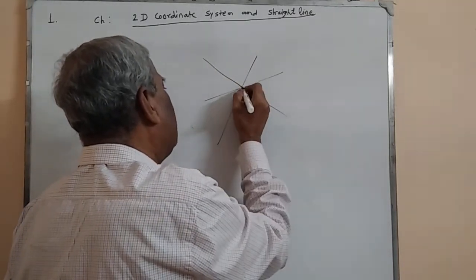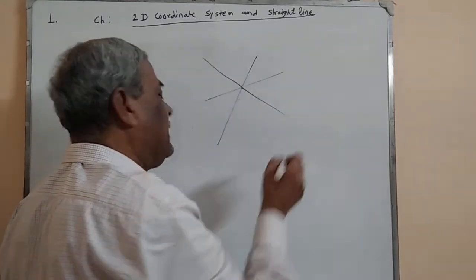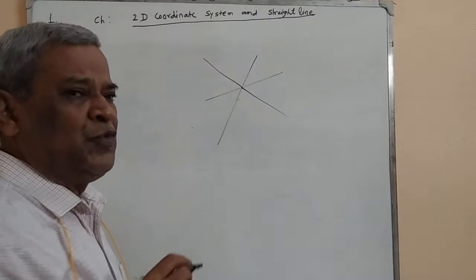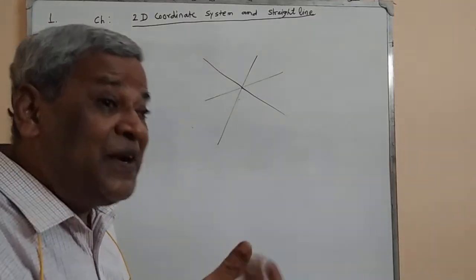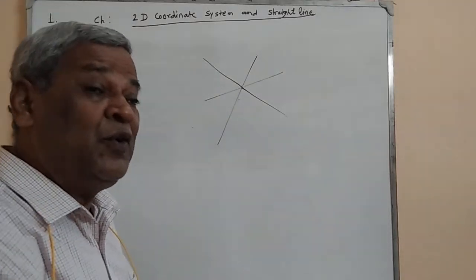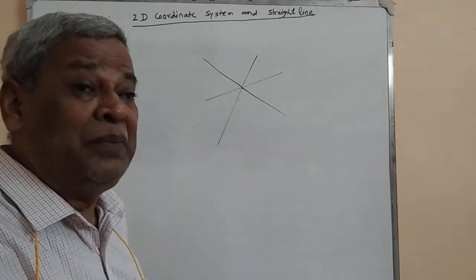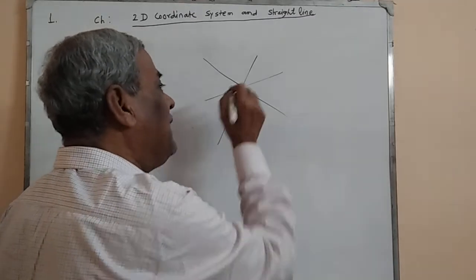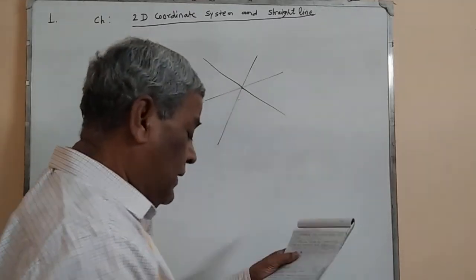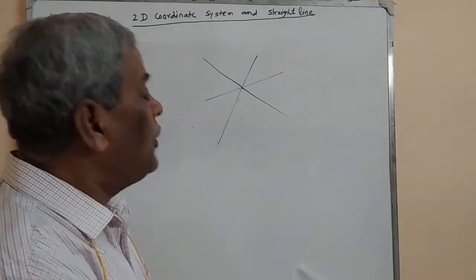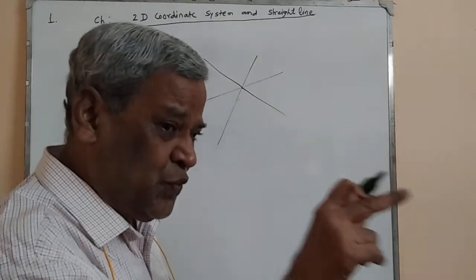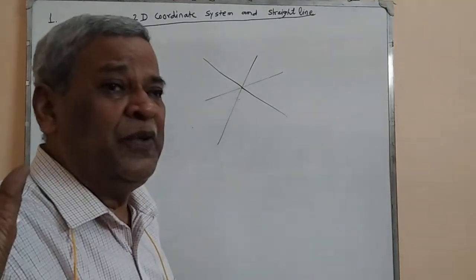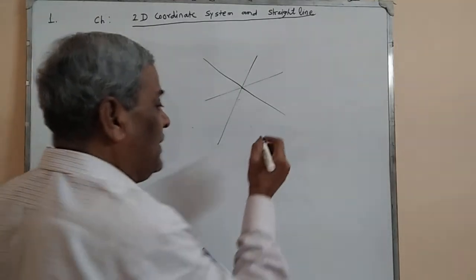We get this point, and if this point lies on that, then they are concurrent. But sometimes problems will be given in unknown terms, like unknown constants like a, b, c, alpha, beta, etc. Its property is that if they are concurrent, then the determinant of the coefficients of x, y, and the constant will be 0.